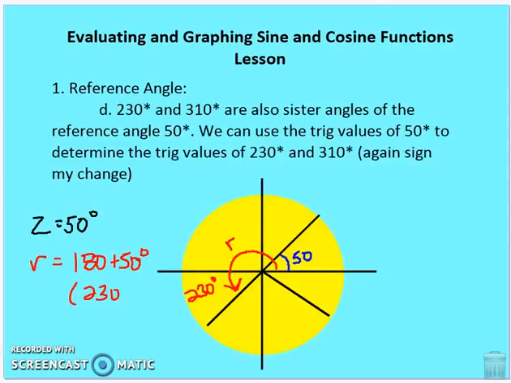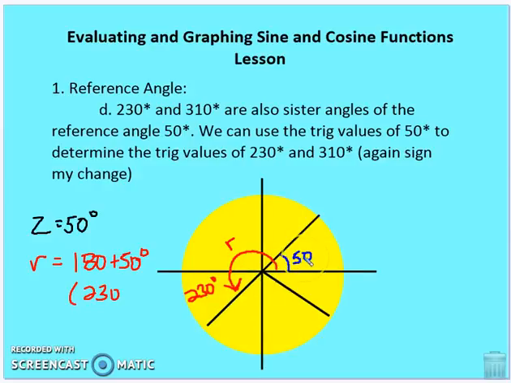All right, taking a look again at our example of a 50-degree angle, I could also use 50 degrees as the reference angle for 230 degrees. Essentially, what you want to do as a reference angle is find the angle measure between the x-axis and the terminal ray. In this case, the measure of angle R itself is 230 degrees, but the angle measure between the x-axis and the terminal ray is 50 degrees.